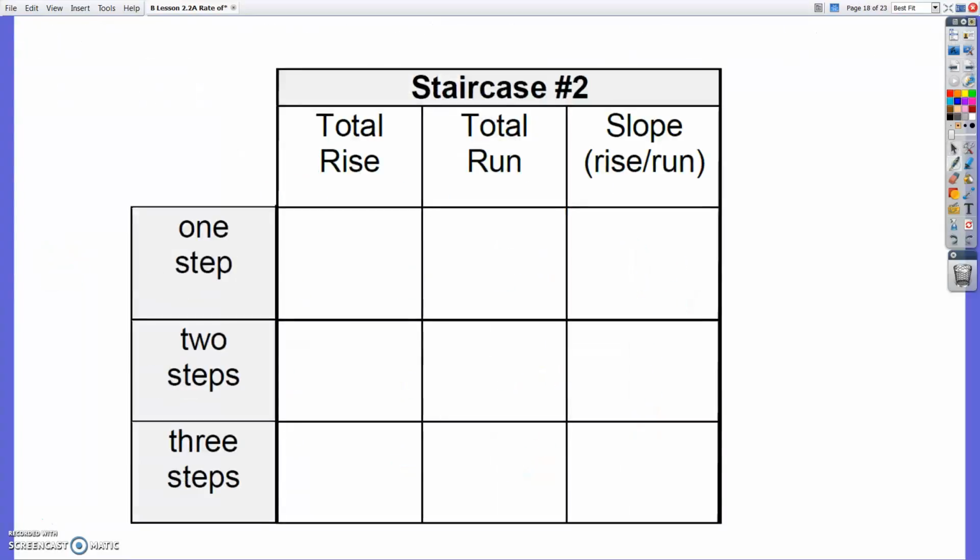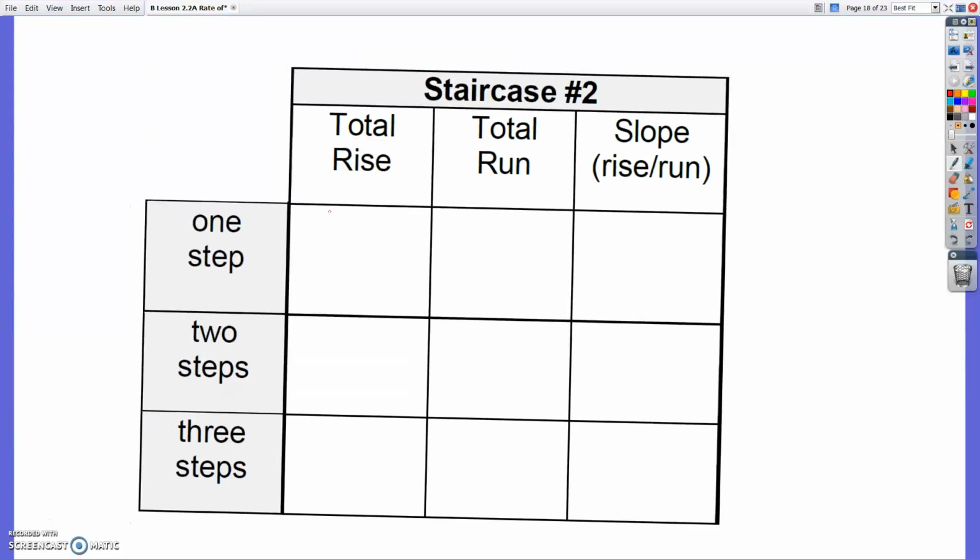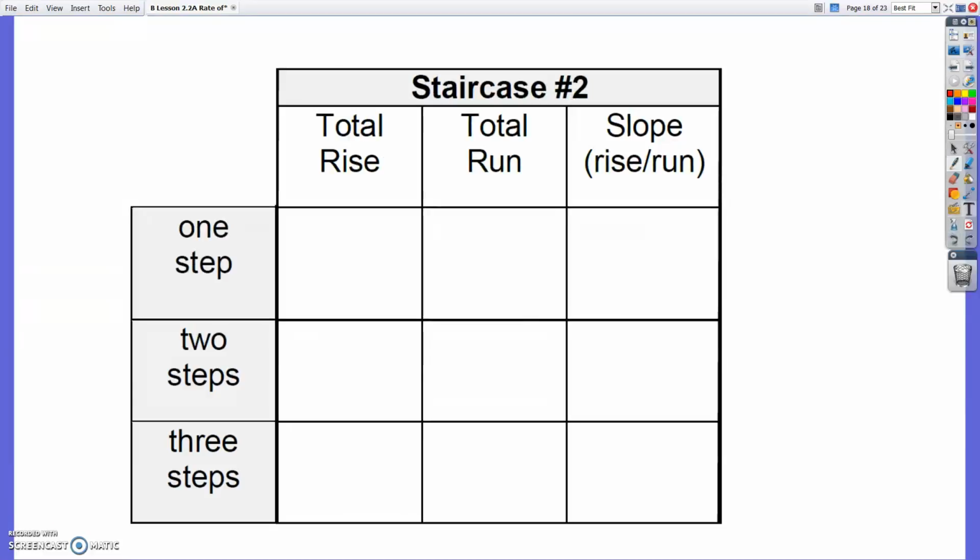So remember, on the next staircase, we looked at staircase 2, which had me go up 3 and over 8, which is just 3 over 8. It doesn't simplify to anything. The next staircase, I would go up an additional 3 spots to 6. And for my run, I would go over an additional 8, which would be 16.